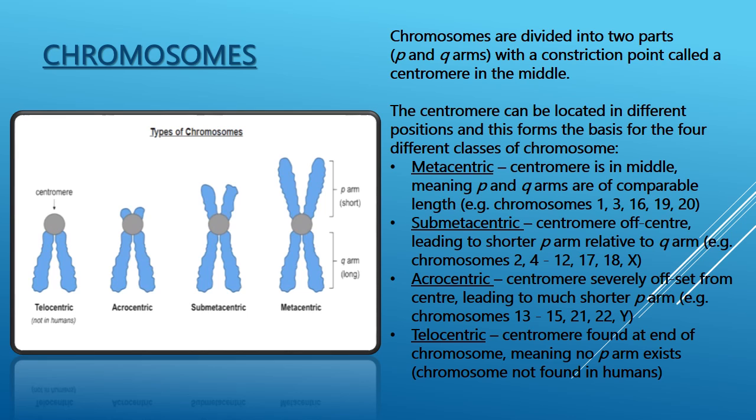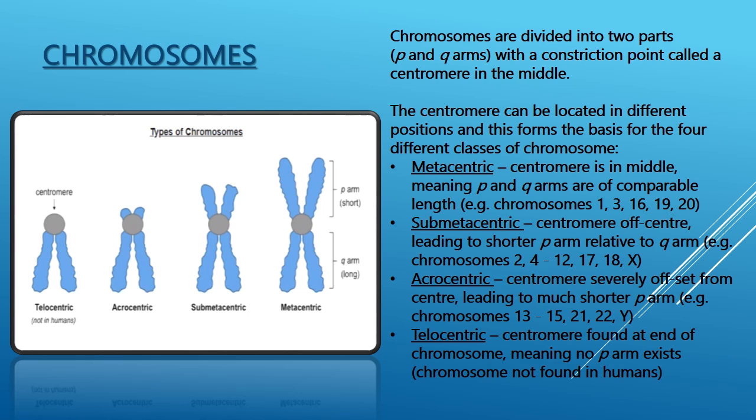Metacentric chromosomes are those chromosomes where the centromere is exactly in between the P arm and the Q arm. Submetacentric chromosomes, the centromere is slightly off center, leading to a shorter P arm and a larger Q arm.